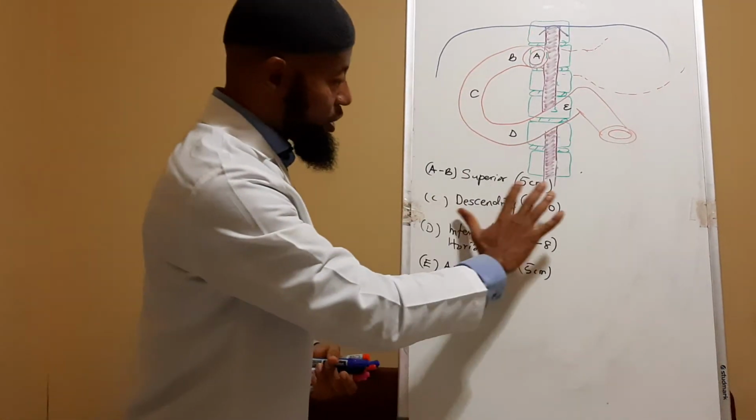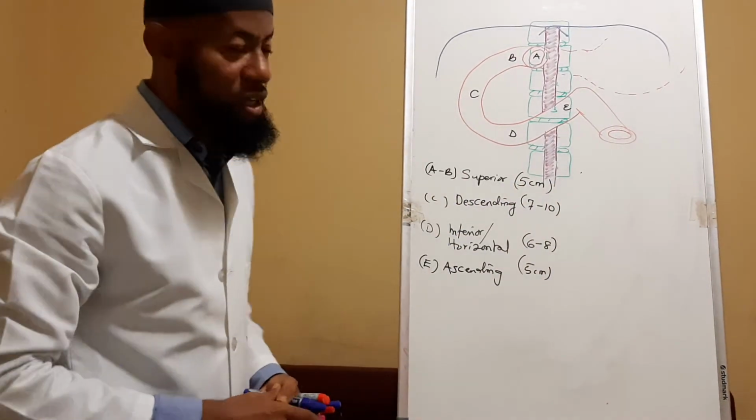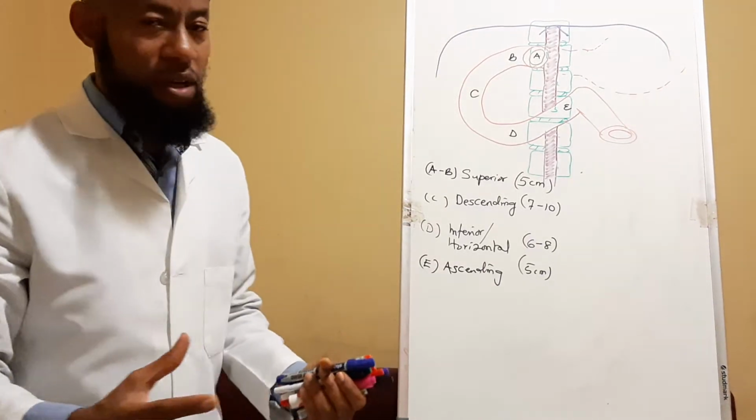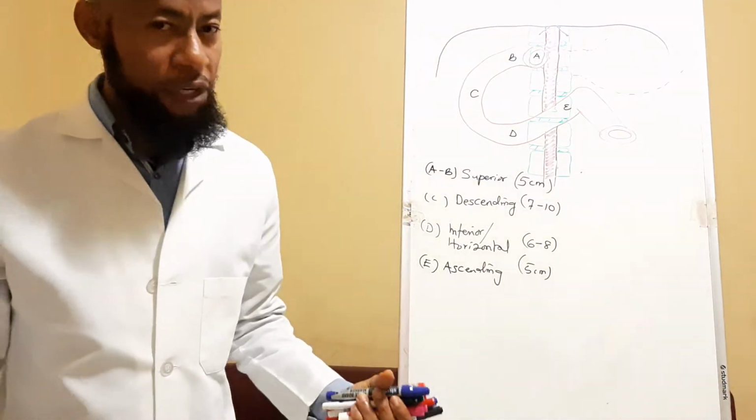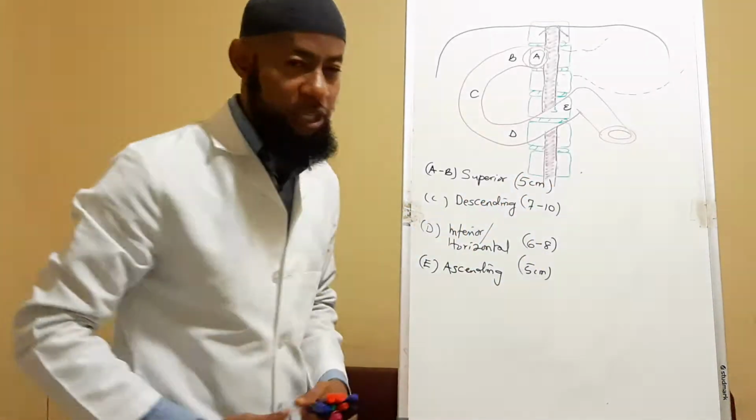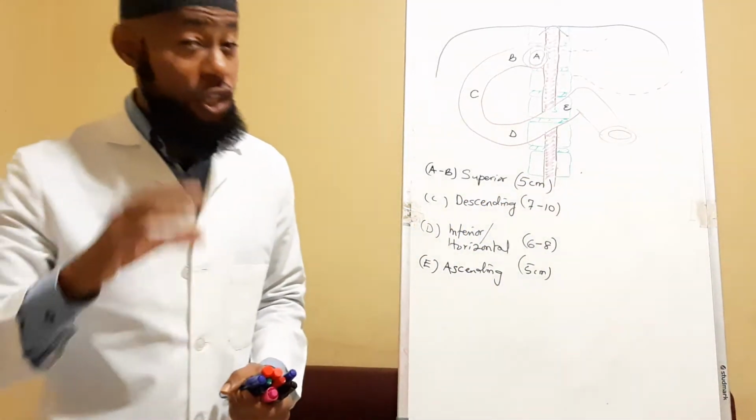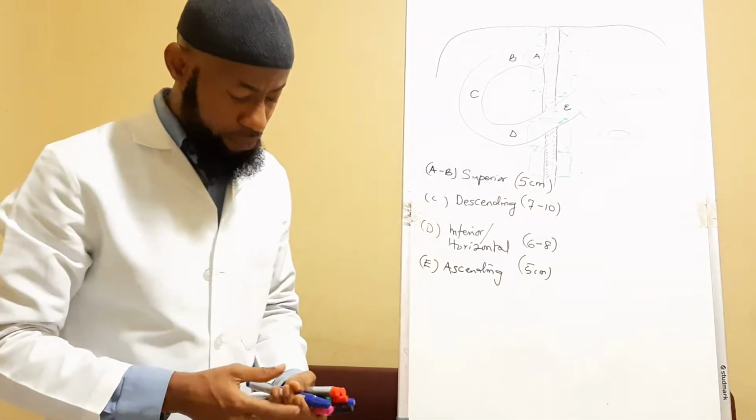Now, the superior part of the duodenum is covered by peritoneum. It's covered by mesentery.